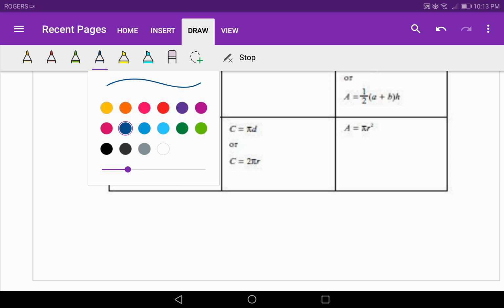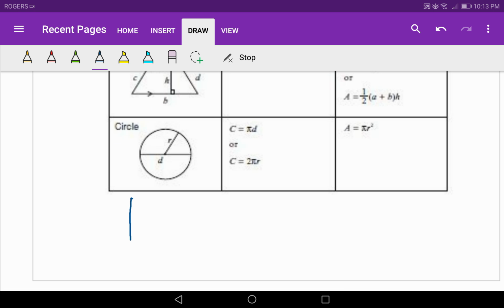So I'll do my best to draw a square here. And you can add this to your formula sheet. Okay.